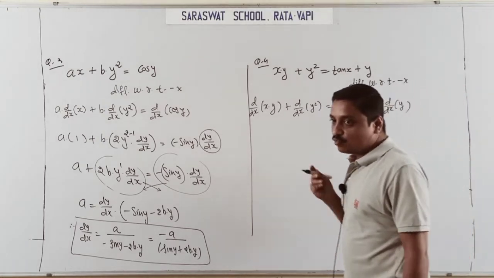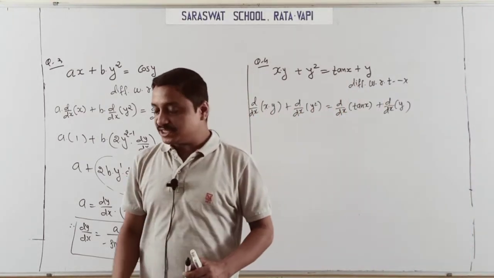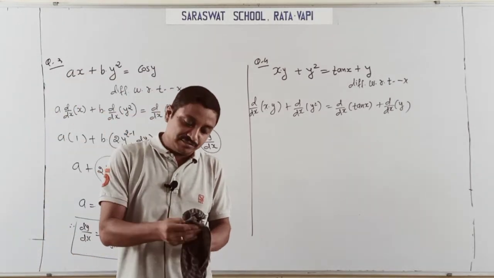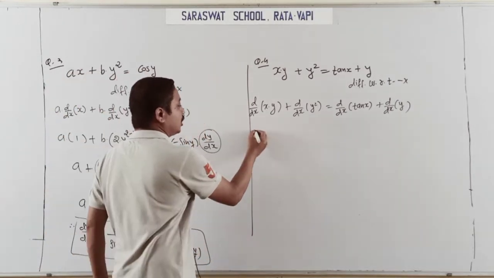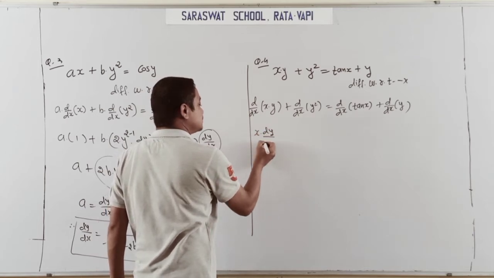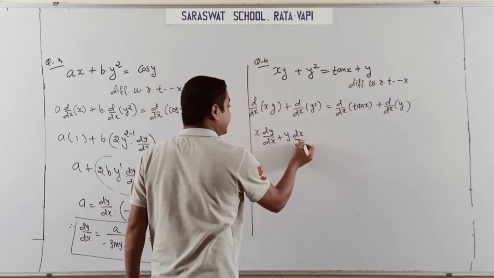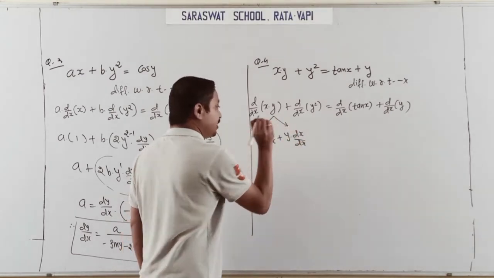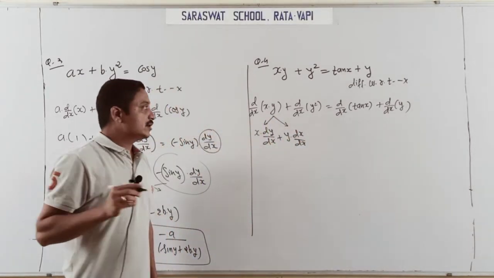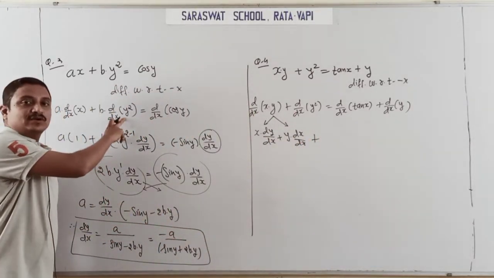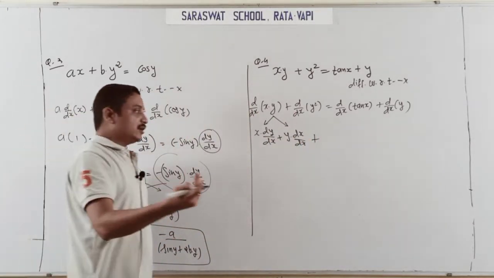Yes students, one by one I apply the values in the derivative form. So here product rule: first times derivative of second, plus second times derivative of first. These are the product forms only. Plus here the y square derivative, already explained for y square: first the power derivative, after that y.